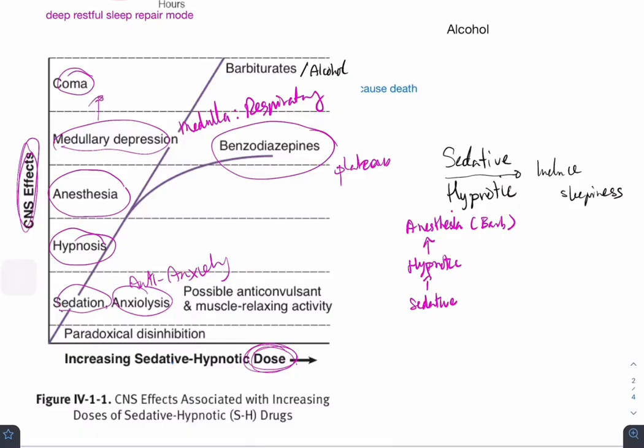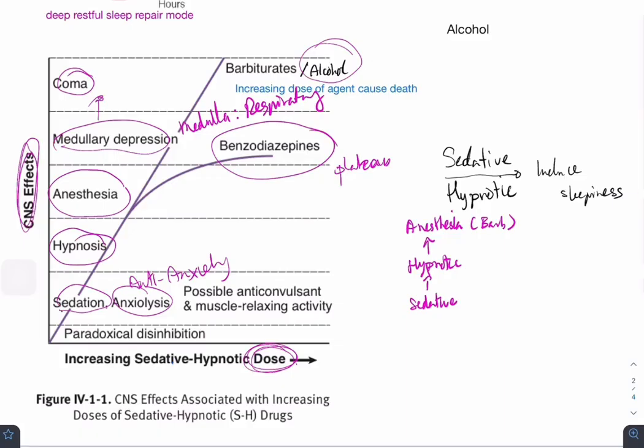I want to show you something. Barbiturates is quite similar to alcohol. Alcohol actually is a drug. Just like barbiturates, a low dose of alcohol is very sedating. As you increase the consumption a bit more, you become hypnotic.